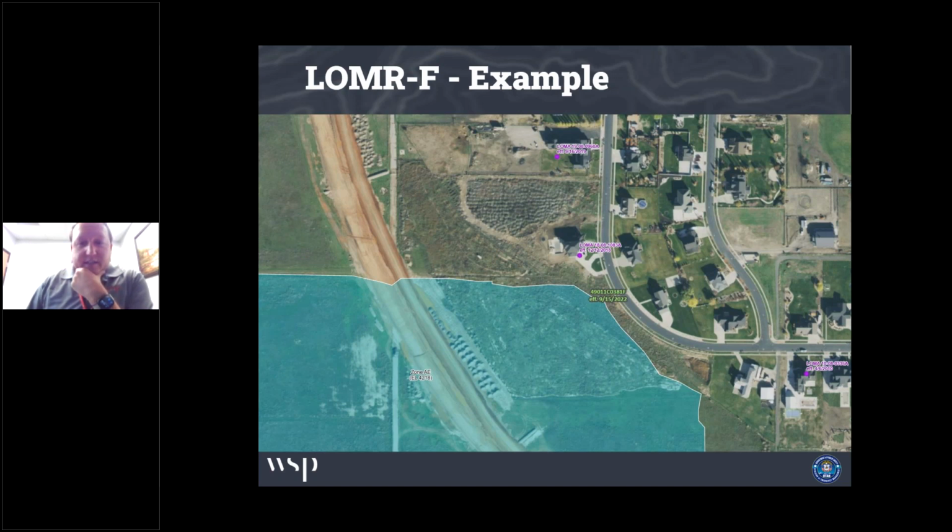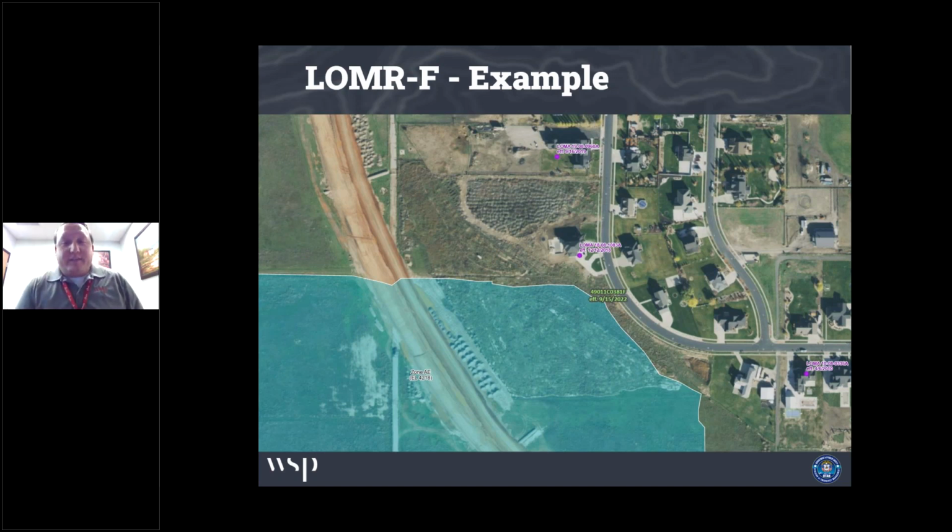These LOMAs that are shown on the map are actually LOMAR Fs. So when FEMA puts them on the map, they just show up as a LOMA, but they're actually submitted as LOMAR Fs. And the reason we know they're LOMAR Fs is because you can see in the aerial all the fill material that was brought in on these lots. All these little mounds are all the fill material that was brought in to get these lots above grade so that they were no longer in the special flood hazard area.